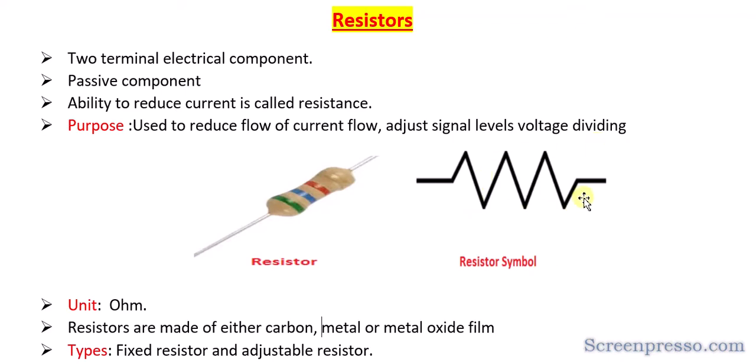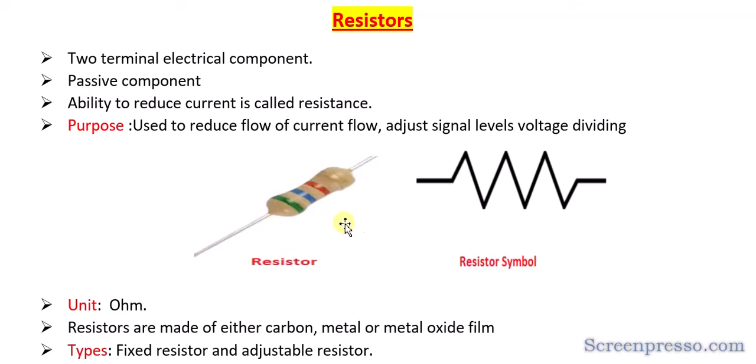At this time we can use resistors that will resist, as the name itself indicates, the current flow in a circuitry. Or they can be used to adjust signal levels, meaning voltage dividing. This is a very important thing, and physically the resistor looks like this.